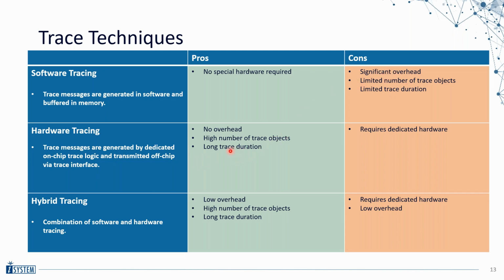And long trace durations could be seconds, but we can actually go up to multiple minutes. We have customers that record even for, let's say, 10 minutes and longer. That's definitely feasible with hardware tracing, and that definitely wouldn't be feasible with software tracing.